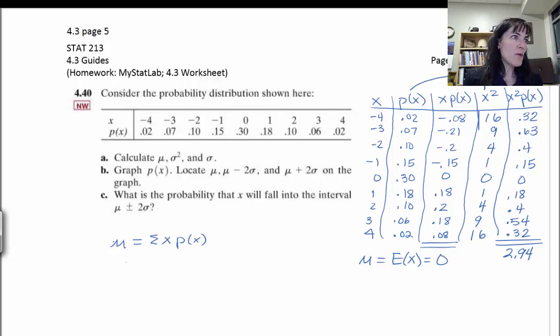Now for the variance, I am going to do the summation of the x squareds times their probabilities, and then I have to subtract off the mean squared. So don't forget that from the formula, because it's easy to just add up that column and totally forget to take care of the other part, which is to subtract off the mean squared.